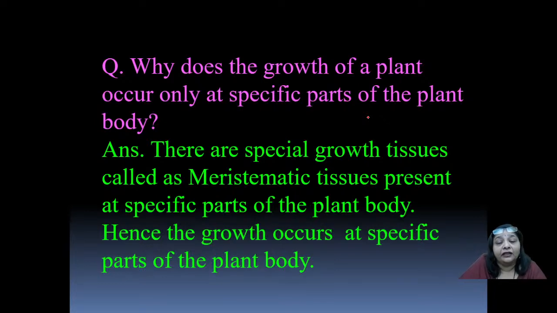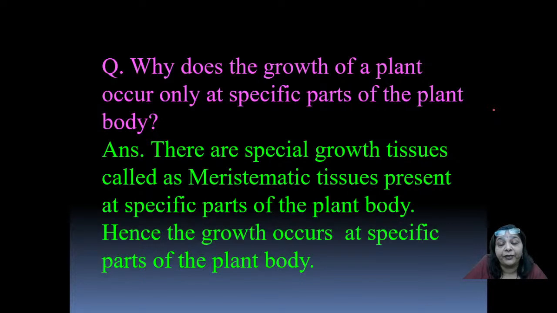Actually, there are certain special growth tissues, which are called the meristematic tissues. These tissues are present at specific parts of the plant body. That is why the growth occurs at specific parts of the plant. So there are the growth tissues which are called meristematic tissues.